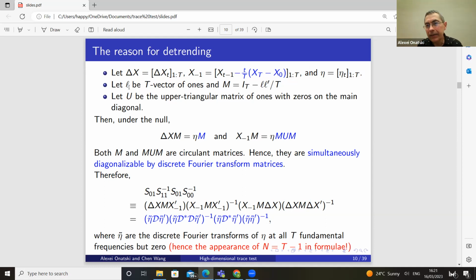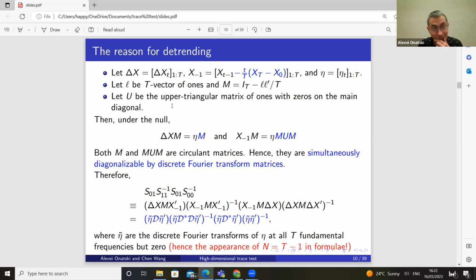Now let L be the t vector of ones. If you consider the identity matrix minus L L prime divided by t, this is just a projection on the space orthogonal to constants. And finally, in my definition, U will be the upper triangular matrix of ones with zeros on the main diagonal and below. Okay, so I'm finished with notation.